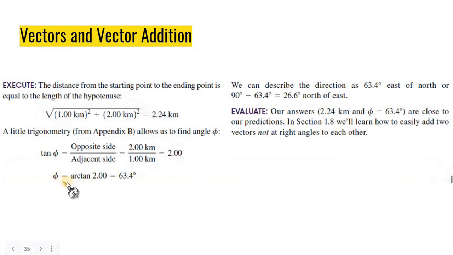Then the angle equals arctan of 2, or 63.4 degrees.